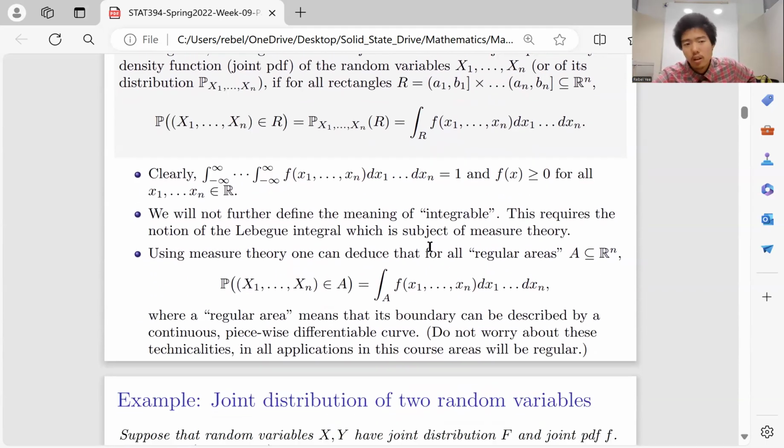There's a very obvious fact about this formula: if R is not a rectangle but the whole universe, every integral goes from negative infinity to infinity.